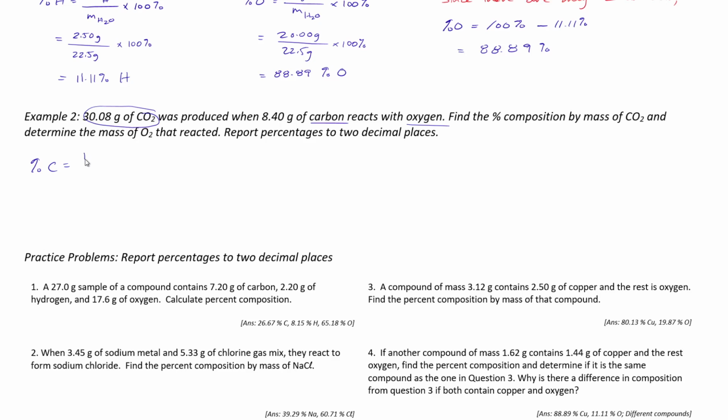The mass of carbon over the mass of carbon dioxide, and that's equal to 8.40 grams over 30.08 grams times 100%. And we end up there with 27.92% carbon.